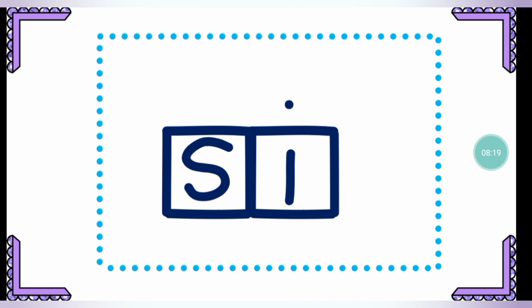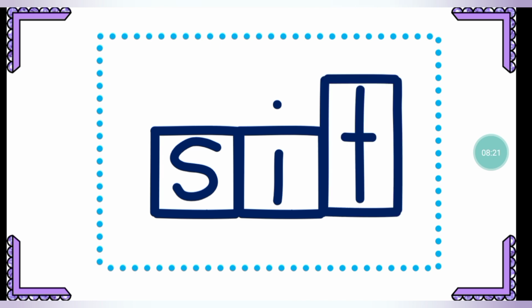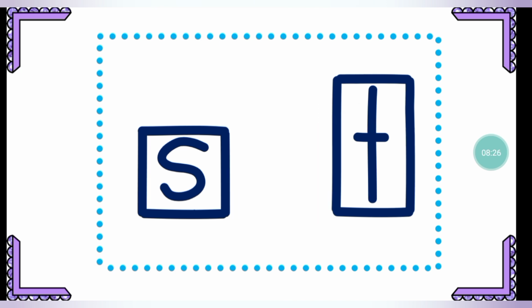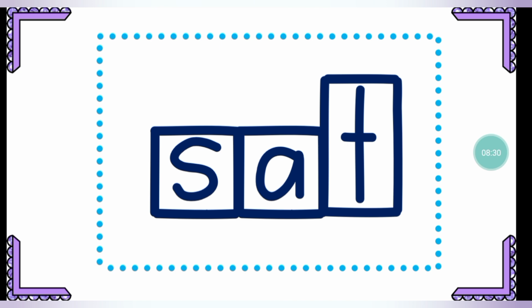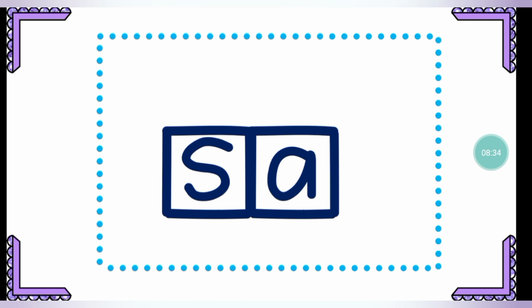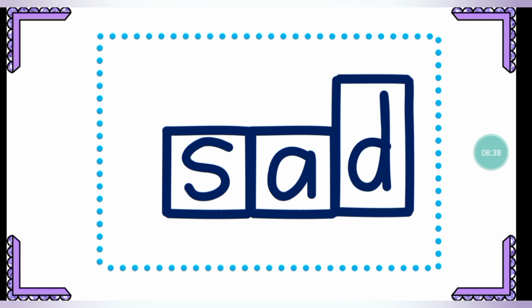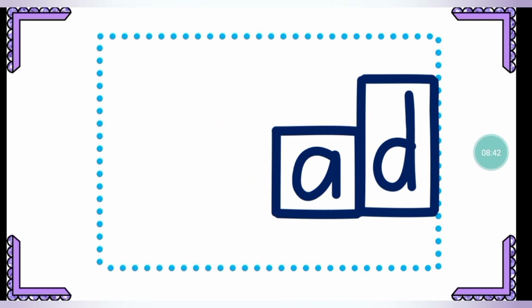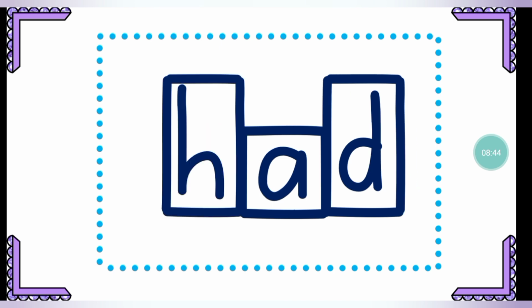Thumbs down. Does not make sense. Sit. Does it make sense? Thumbs up. Does it make sense? Thumbs down. Okay, sat. Does it make sense? Yep. Thumbs up. Sa. Does it make sense? No. Sad. Does it make sense? Yep. Thumbs up. Add. Does it make sense? No. Had.